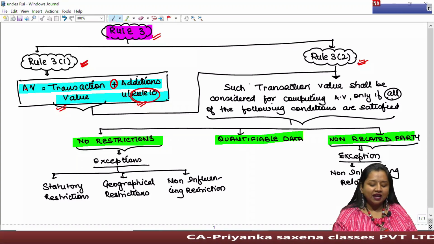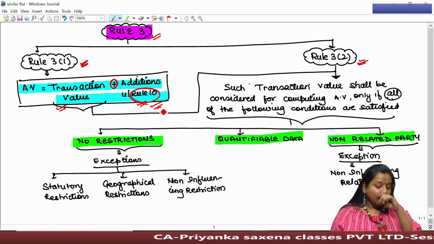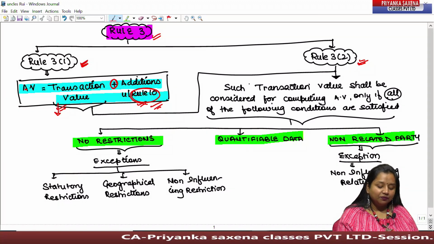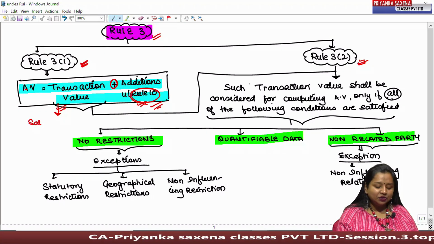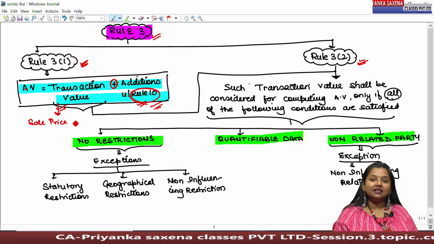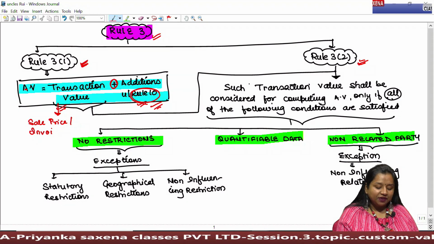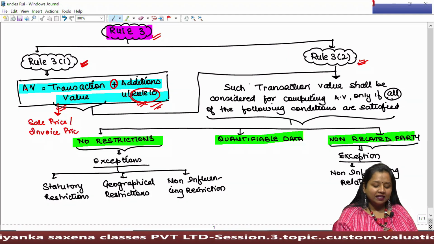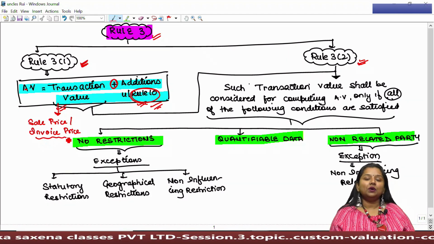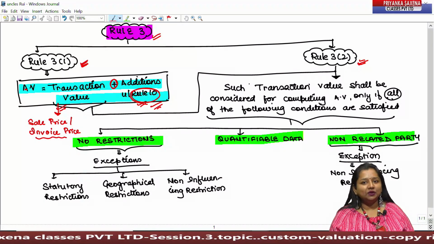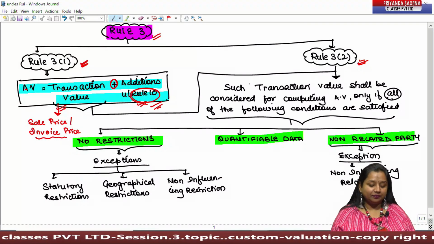This Rule 10 we had already covered, and the transaction value is the value at which goods are being sold, that is the selling price, or the price specifically mentioned by the seller in the invoice while selling the goods, exporting the goods to the buyer or importer.